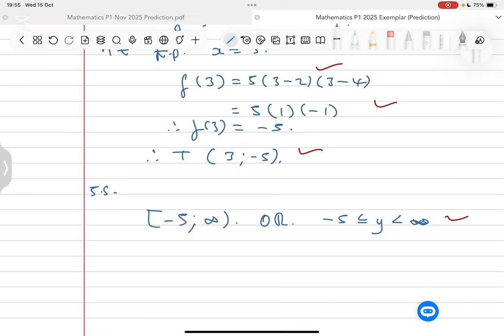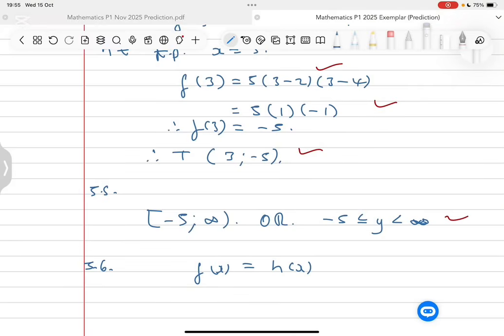So what I'm going to do here is say that the function f of x, the y value, remember f of x is a y value, is exactly the same as the function h of x, the y value again. So I'm saying the y values of the function f are the same as the y values of h, because that's where they intersect each other, that's where they cut each other.